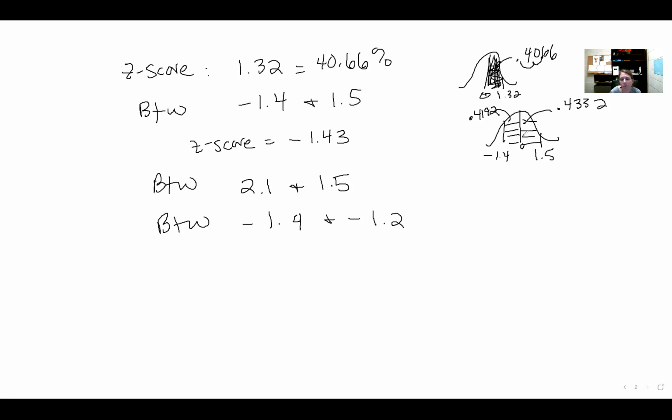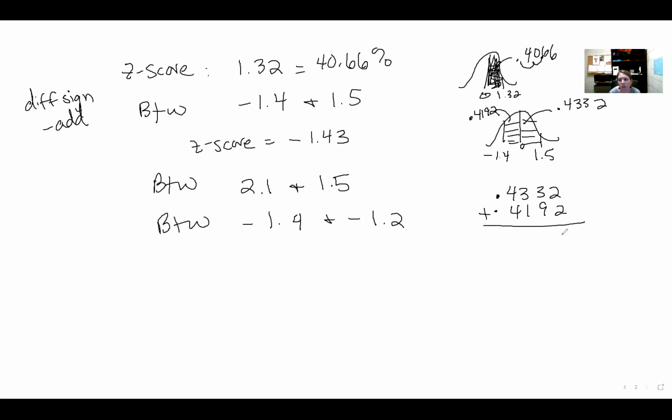But I want between these two. So if I want between these two, then I want both of these. So what you're going to do with these is add them together, 0.4332 plus 0.4192. When they have different signs on these z-scores, you're going to add. So different sign, add.